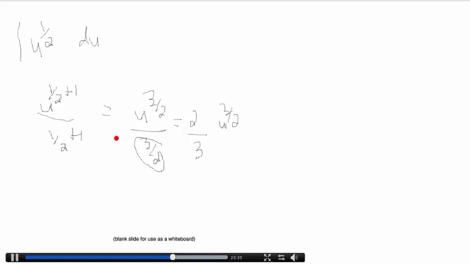So from here we got this: u plus 1 upon the result, which is half plus 1. So u to the power 3 upon 2 divided by 3 upon 2 is equal to this, and 3 upon 2 is divided by this, so it can be written as 2 upon 3 because it's 1 upon 3 upon 2, so you can rearrange that to 2 upon 3.